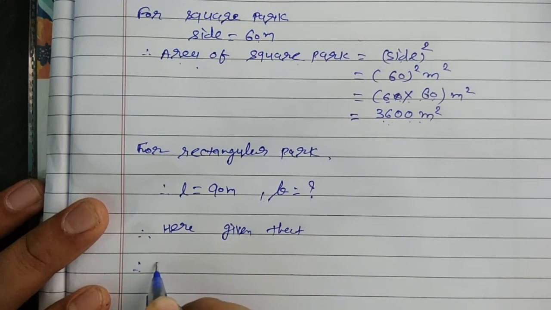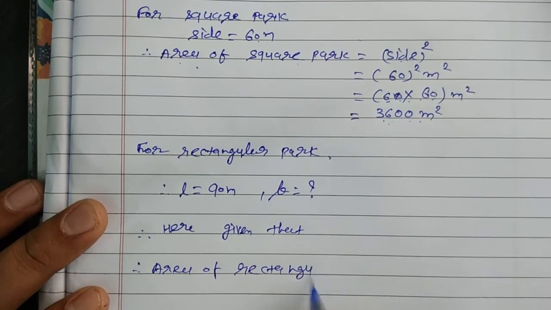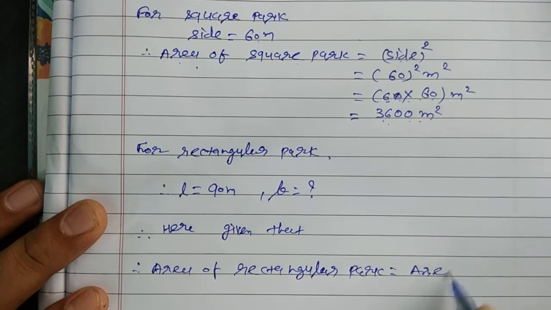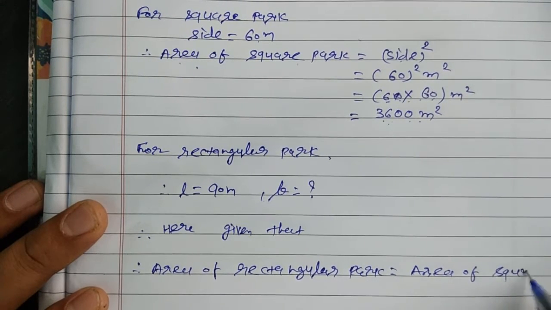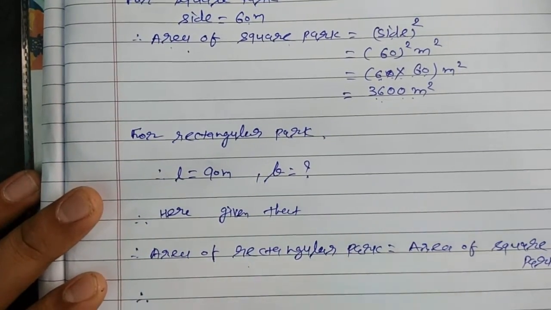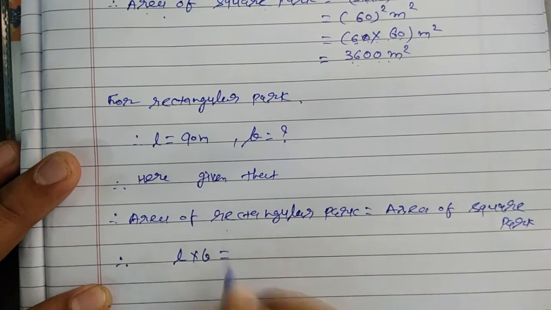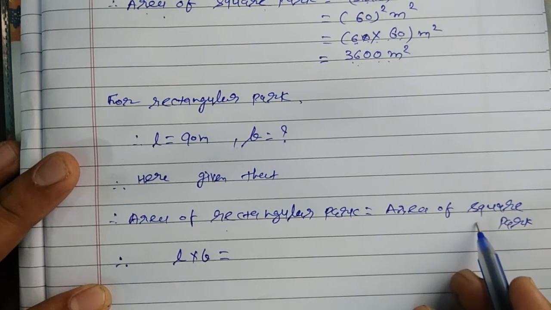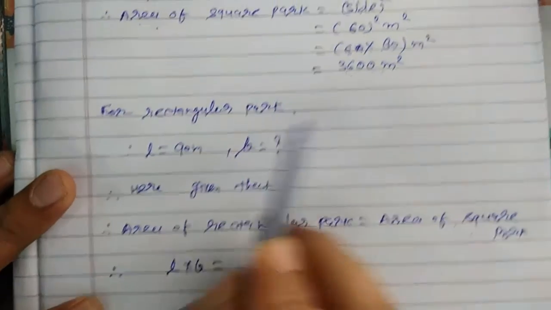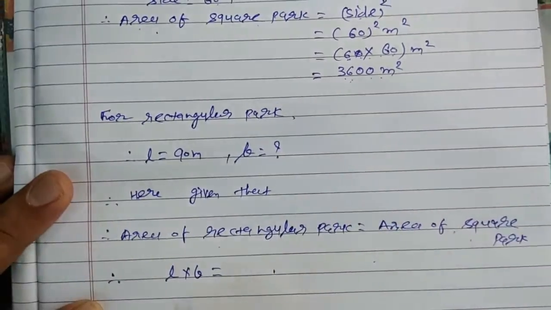Given that the area of the rectangular park is equal to the area of the square park. The area of the rectangular park is nothing but length multiplied by breadth, and for the area of the square park, here we do not have to write side square as we have already found the area of the square park, that is 3600.